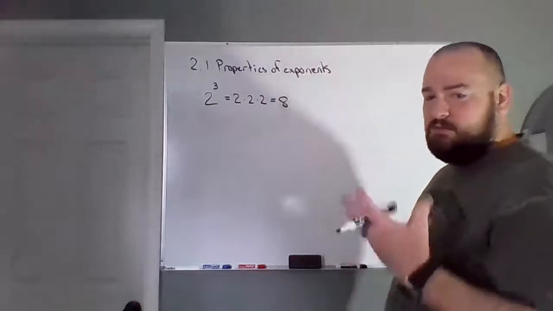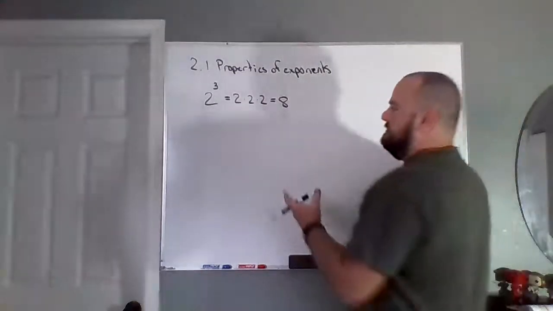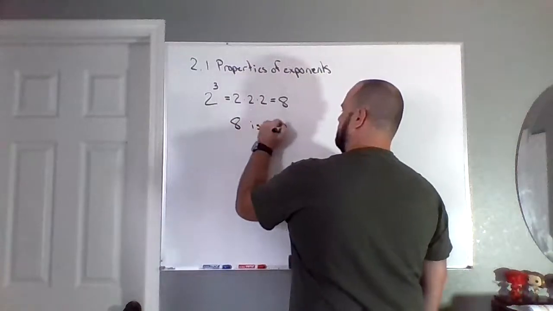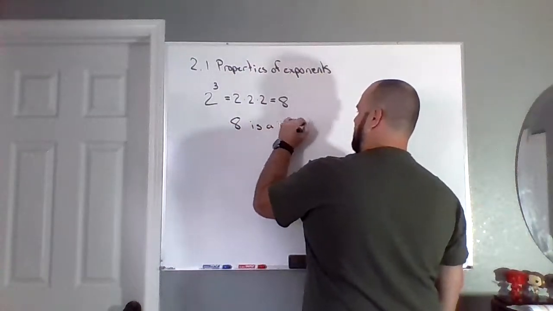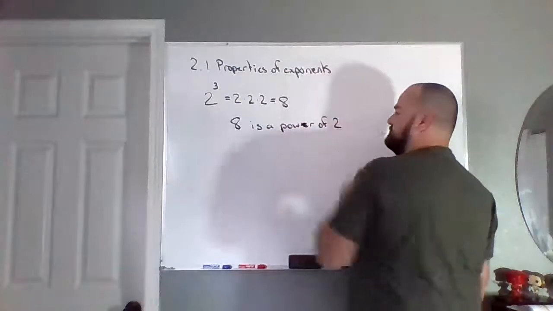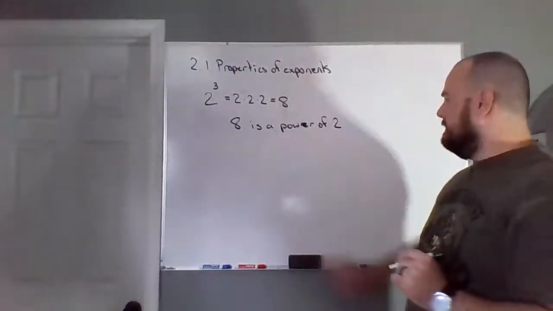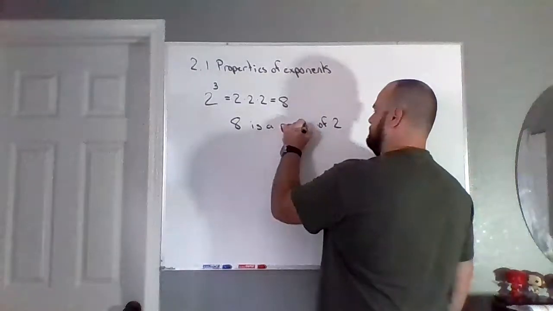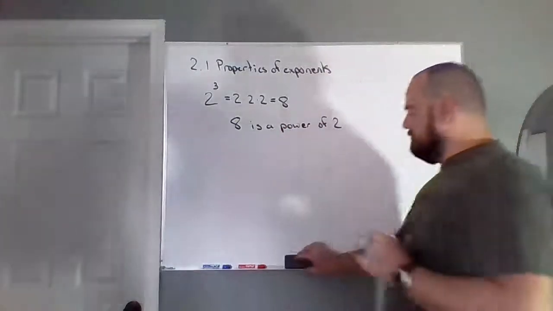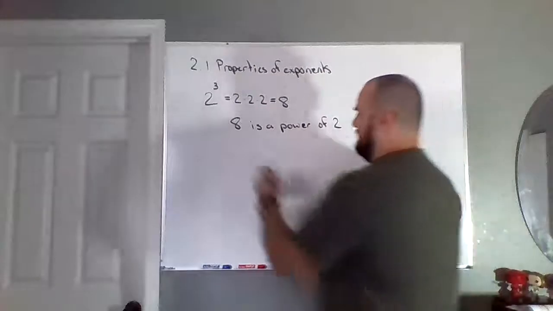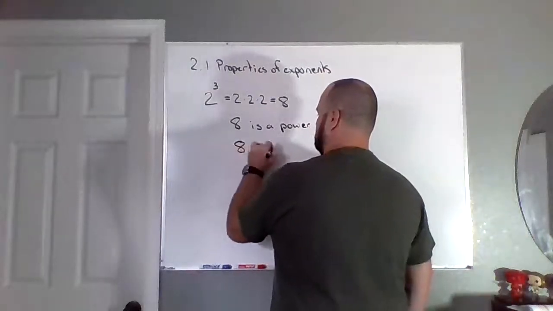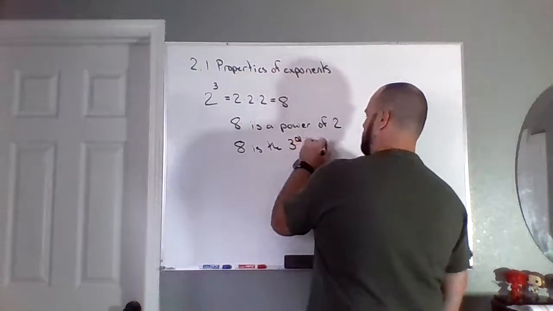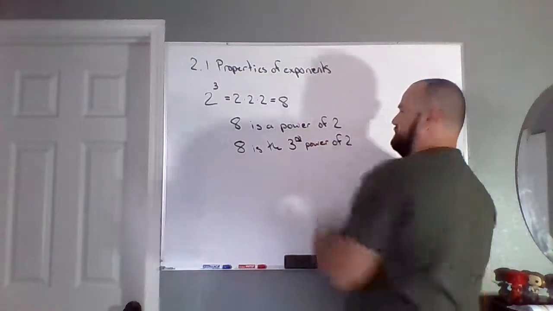So there's a lot of things we can say here. We can say that 8 is a power of 2. We could say specifically that 8 is the third power of 2.